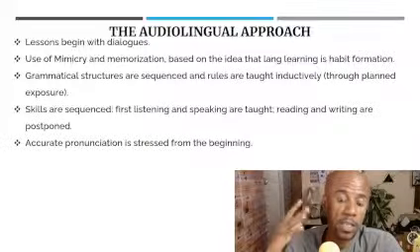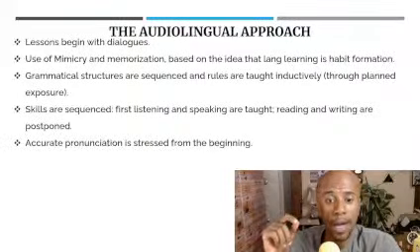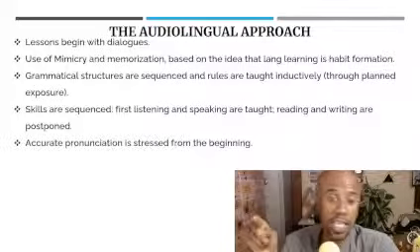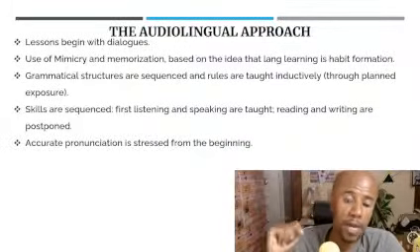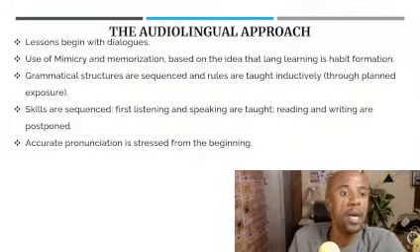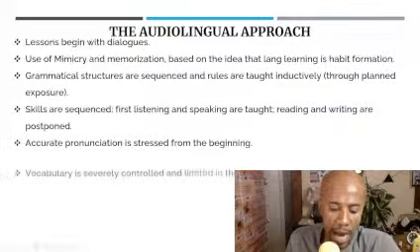So accurate pronunciation is stressed from the beginning, which tells us a little bit that the audiolingual approach is also about using the language, but it is also about knowing about the language, because you have to be correct, you have to be accurate.